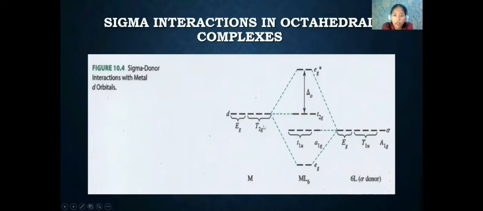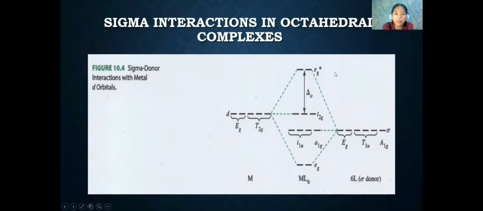Okay, so the Eg orbitals on the metal and the Eg orbitals on the ligands now form Eg at the middle, as you can see. So we have now the bonding orbitals and the anti-bonding orbitals.